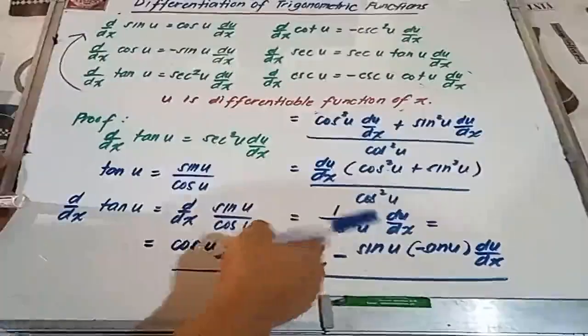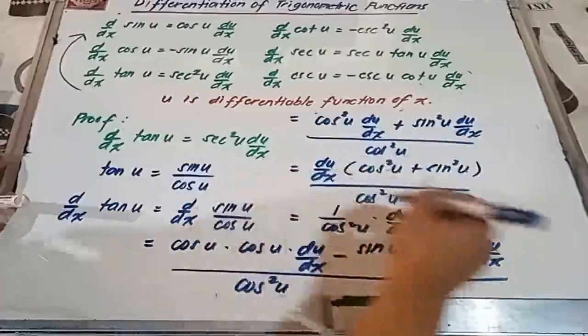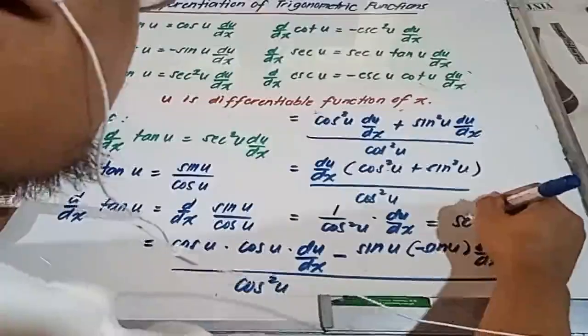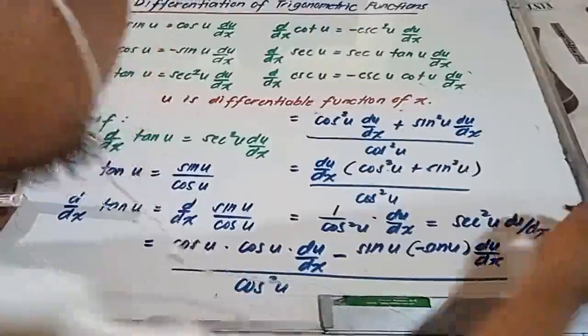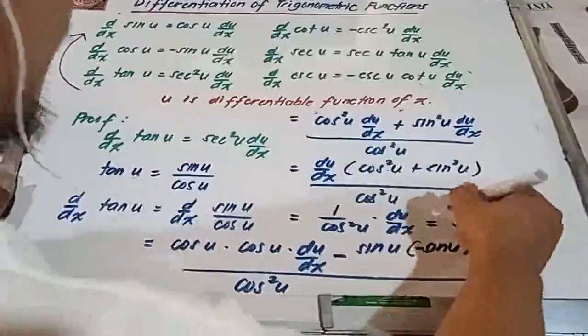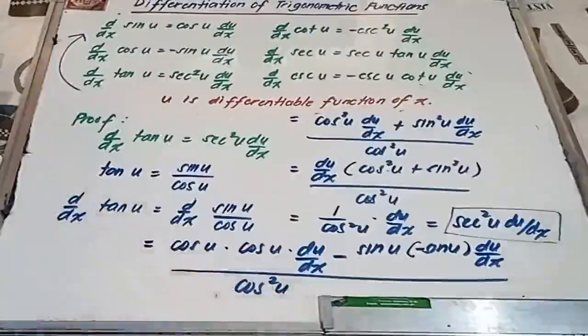Then, using the reciprocal identity of cosine, that is equivalent to secant. Okay? Secant, just raise it up, it becomes secant squared. Secant squared u du over dx. So, we have proven our third formula, which is the derivative of tangent u is equal to secant squared u du over dx. Okay?